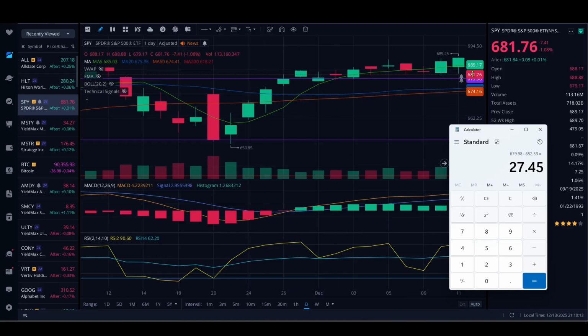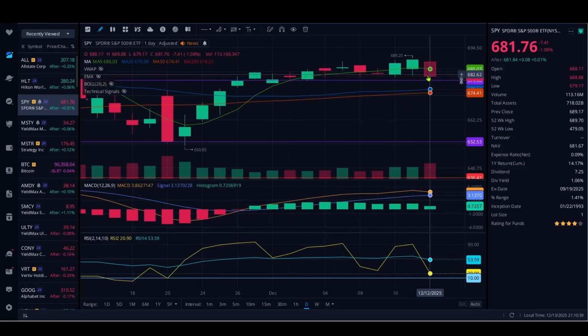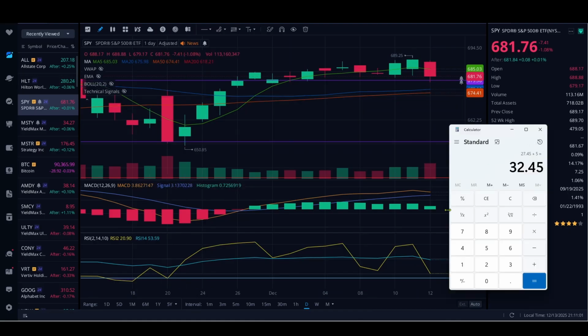So we made 27 bucks here and $5 here, and we add those together and we made $32.45 move just over this period right here. Got in right here, got kicked out right here and did 2 rounds on this, right? Our first round here and our second round was a little longer, but it made us $32 in price appreciation on SPY.